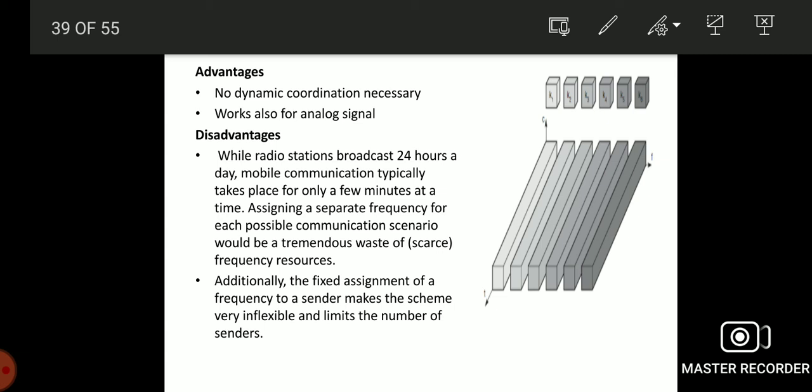In demand assignment multiple access, in the case of multiple stations, changes in capacity often arise, and the demand assignment multiple access scheme is flexible, so channels may be allocated according to the demand raised.